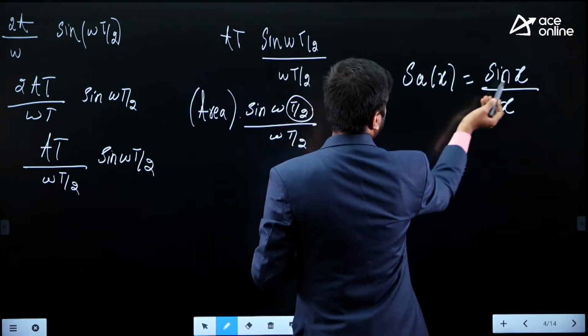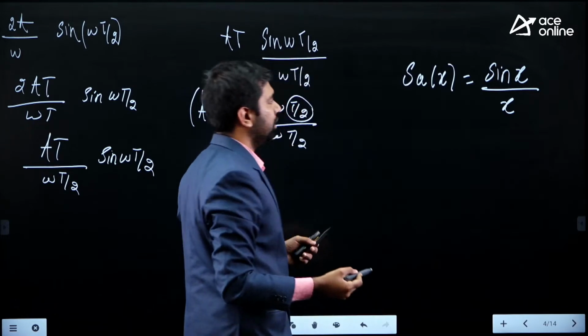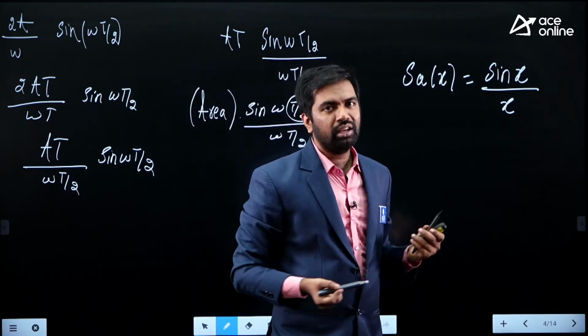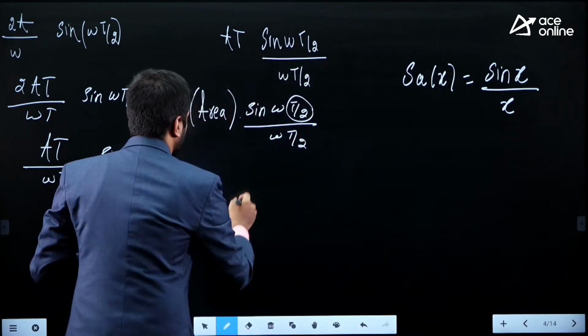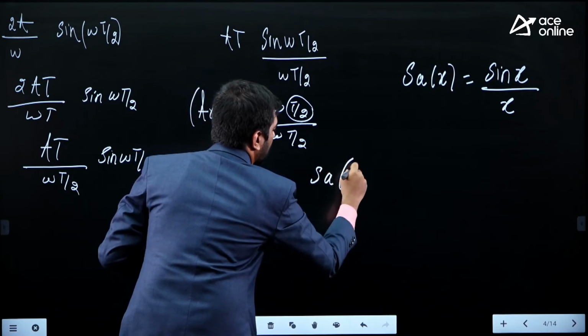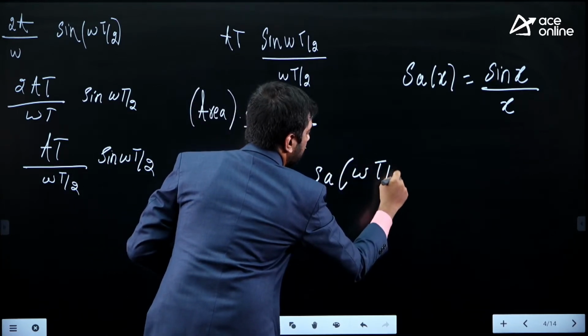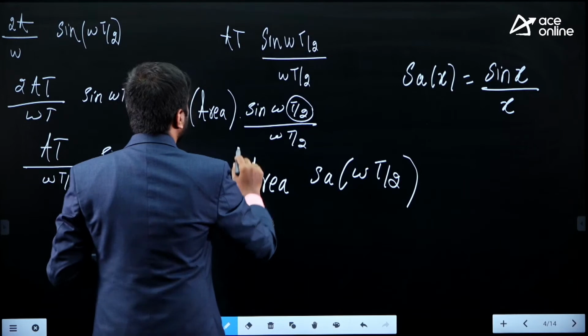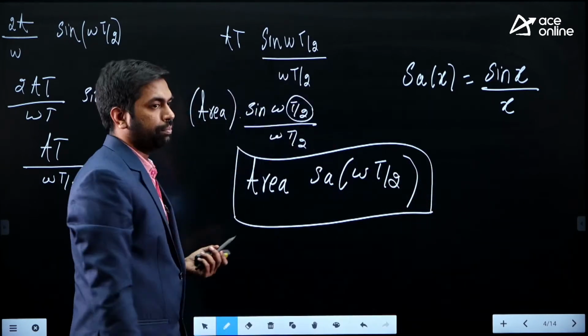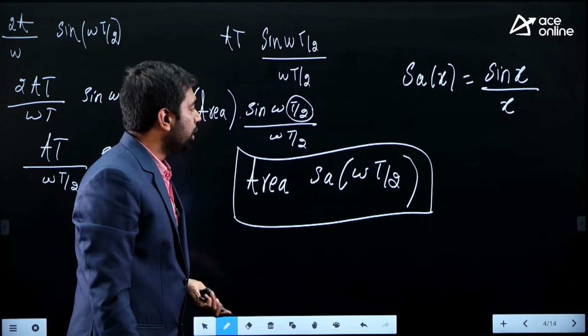The same x is sitting here and here. This is just a shorthand notation for sine x by x. I can write this in the form of area into sa omega t by 2. So finally, this is the Fourier transform of the rectangular pulse.